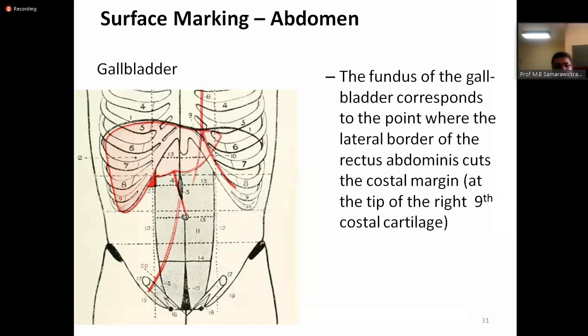So when there is gallbladder pathology, when there is an inflamed gallbladder, you feel the tenderness or pain at the tip of the 9th costal cartilage on the right side, right? And an enlarged gallbladder also, you can feel at the tip of the right 9th costal cartilage.